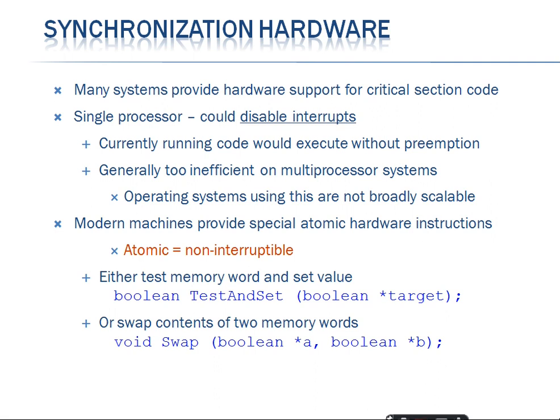It will either test a memory word and set a value, here using a boolean function called test and set, or swap the contents of two memory words. In this case we use a function called void swap, which takes parameters of pointer type to boolean.